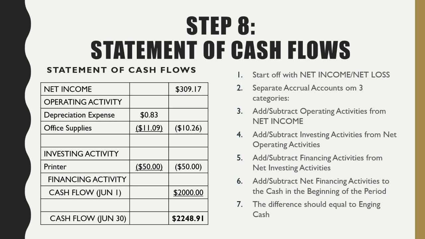Other contributing factors is accounts receivable. Did you actually receive the cash from your customers? No, you didn't. Instead you took them as an IOU. So that's where you're going to subtract that money from your net income because you never actually received that cash. Same thing with your accounts payable, right?